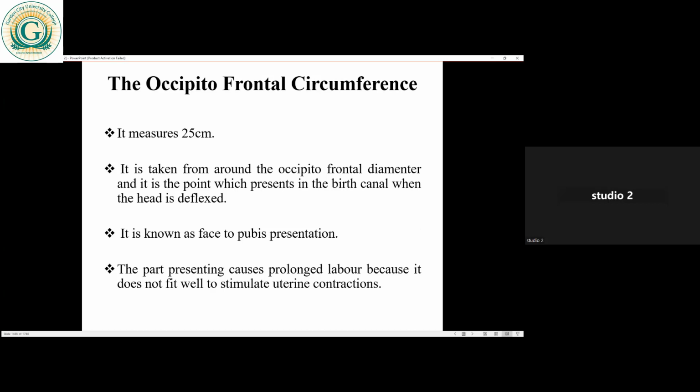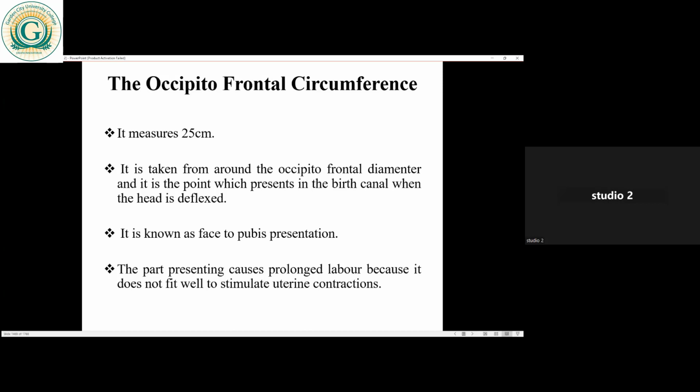So when the baby comes with the face looking at the mother, it means the occipitofrontal circumference is presenting. The presenting part causes prolonged labor because it does not fit well to stimulate uterine contractions. When the baby is coming with the face, the facial bones don't change, so it doesn't stimulate contractions.